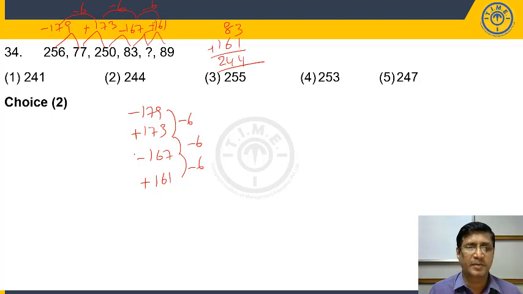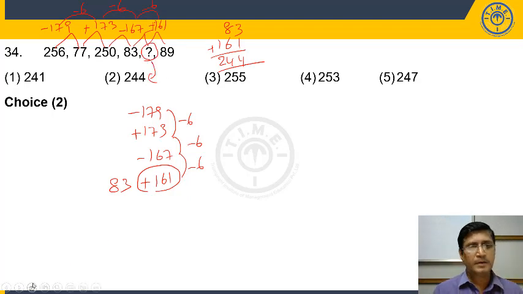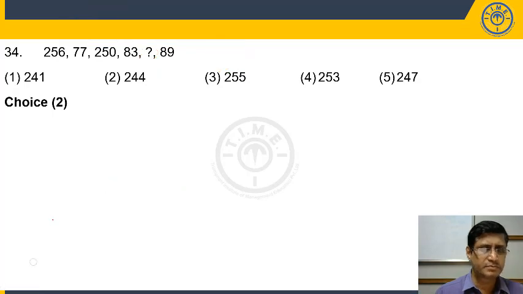Addition and subtraction are done in alternate places. Now what is the next value? 161. 161 plus 83 will give the next value, that is 244. Of course, we can answer the same question in another way. The other way of discussing the same series here.